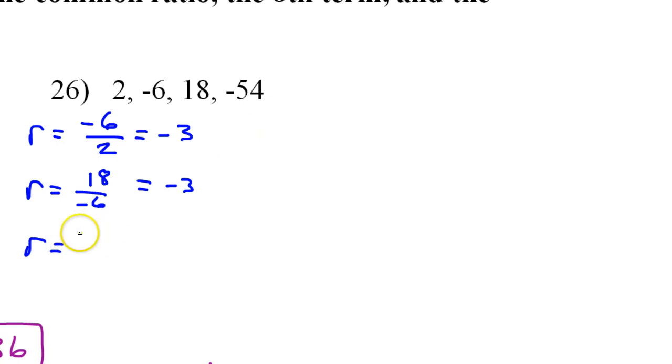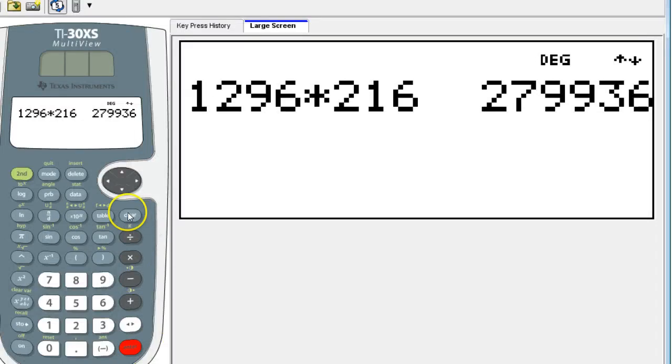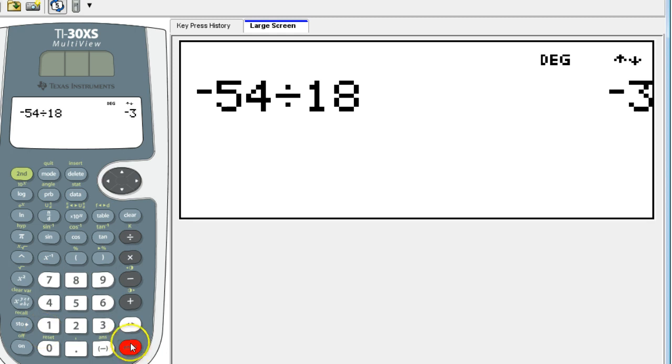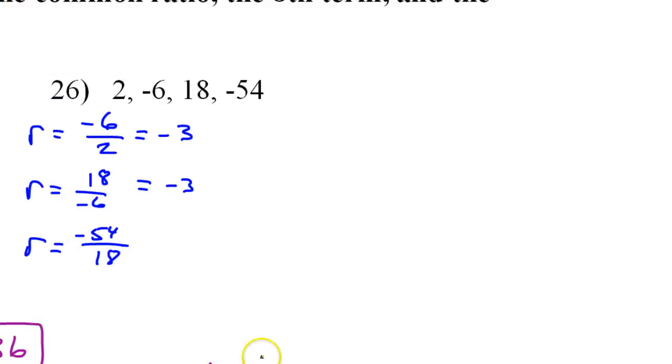Last one, -54 divided by 18, and again, -3. So we have found our common ratio, r equals -3.